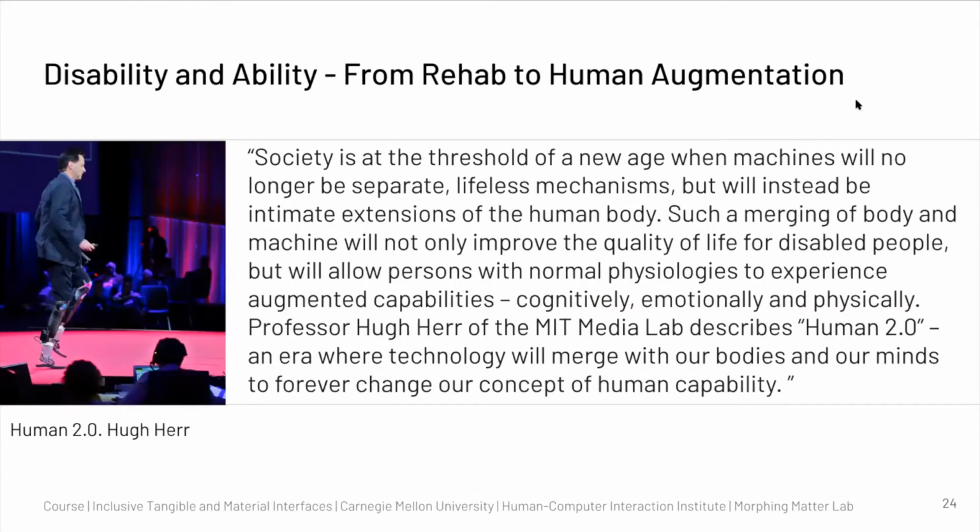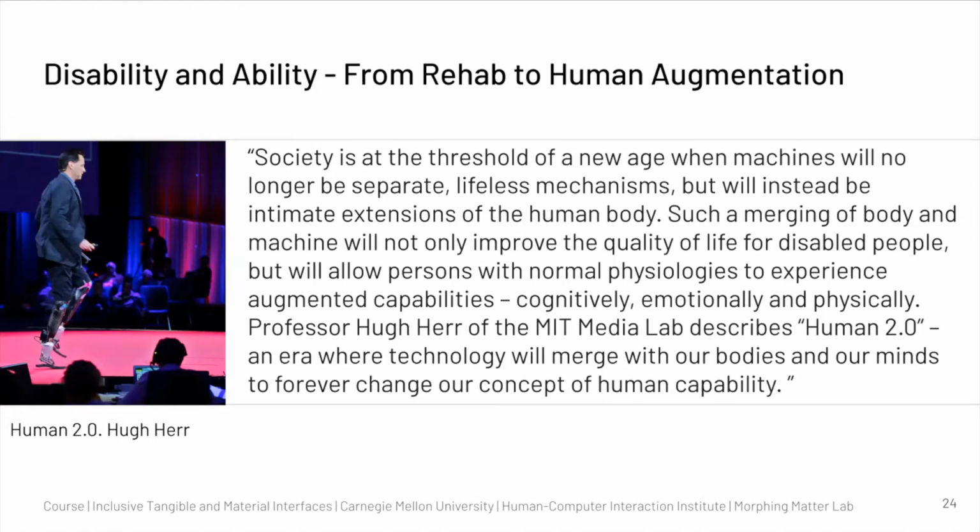And I really can't stop myself from just literally copy and paste one of his lecture abstracts, because I think these are really inspiring words. I would read it. Society is at the threshold of a new age when machines will no longer be separate, lifeless mechanisms, but will instead be intimate extensions of the human body.